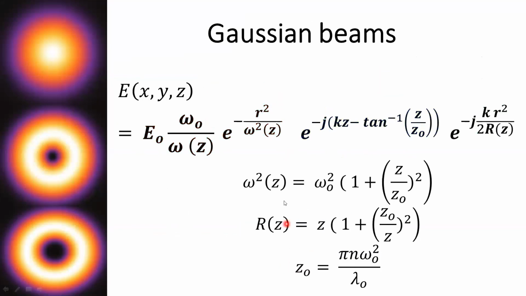I will use this equation. Here, as you can see, this is the amplitude term. If you observe it, you will find that this amplitude term is a function in Z and R, so it's a double function.